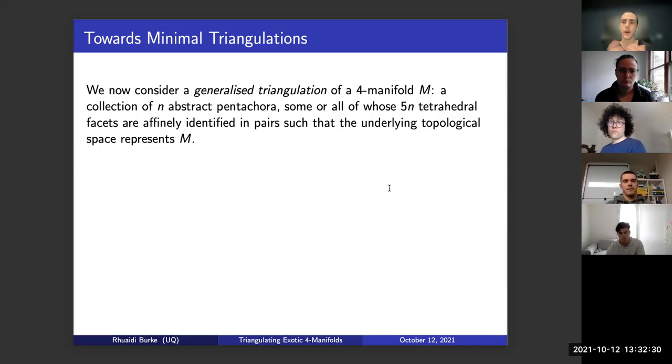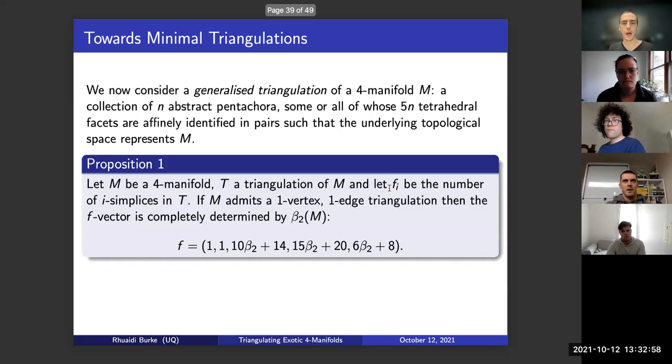But if we widen our definition of a triangulation to this notion of a generalized triangulation, where now I'm allowed to glue faces of the same simplex to itself, basically I'm allowed a bit more freedom in how I can glue things together. So this then allows me to build far more economically sized triangulations. So if you allow for generalized triangulations, which is also what Regina uses, by the way, if you use triangulations in Regina.